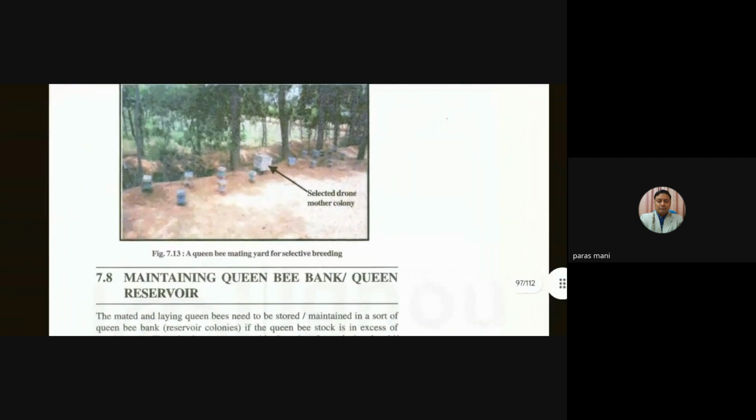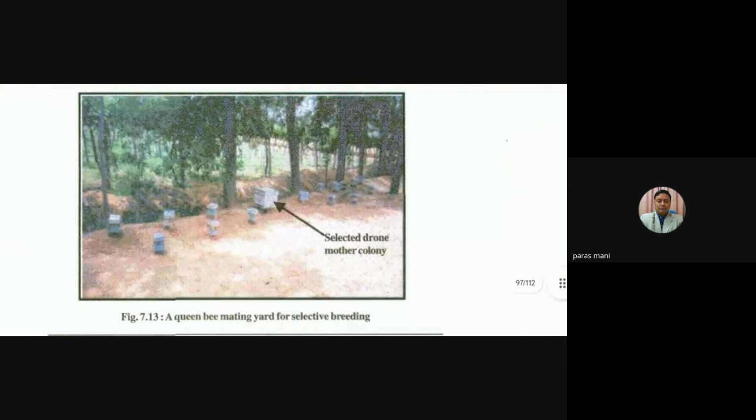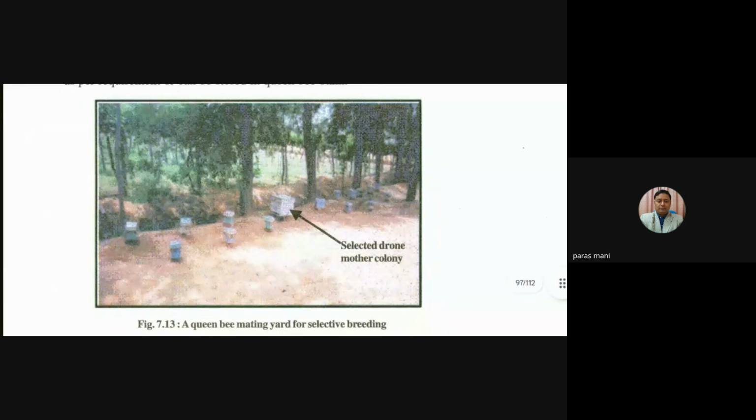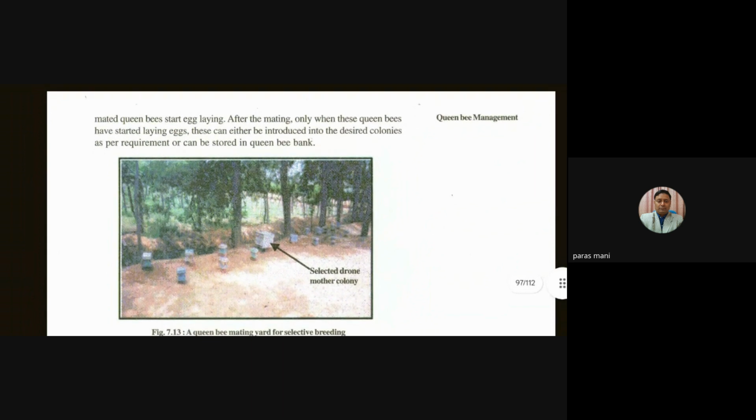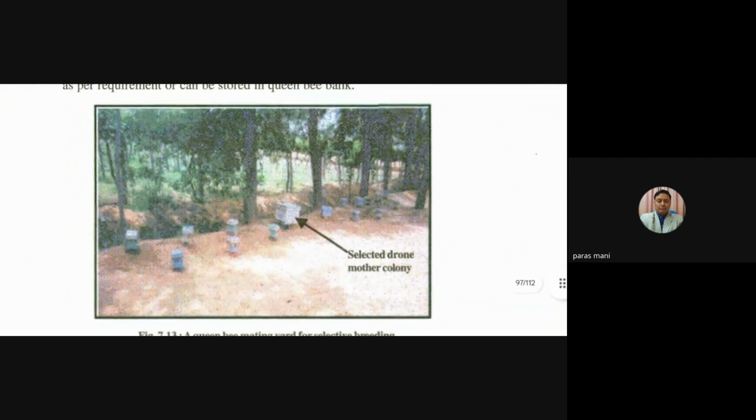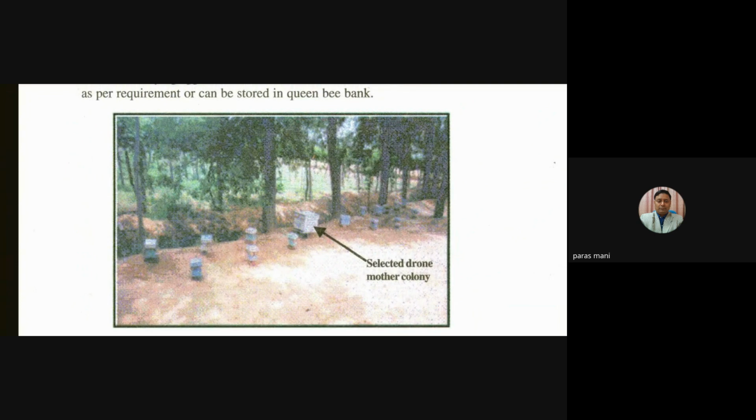You can see here in such conditions, the mother drone colony is here in one box, and the small boxes you see around it are the nuclei, small boxes used for queen bee development with only nurse bees and 2, 3 or 4 frames in it.